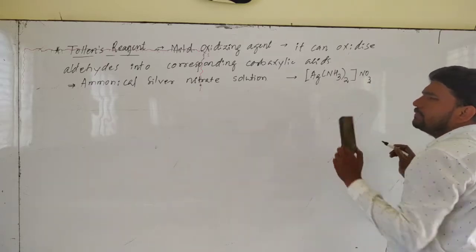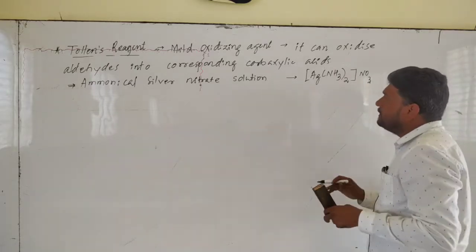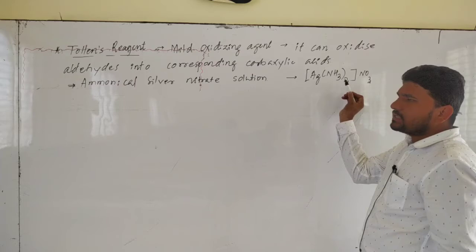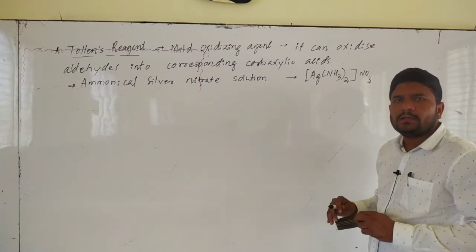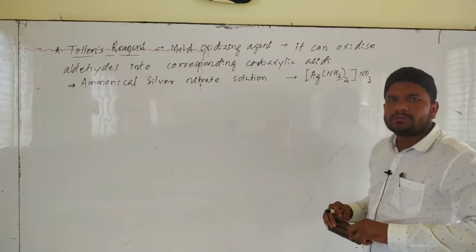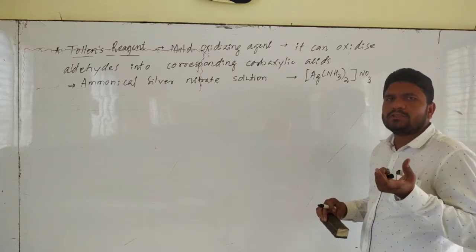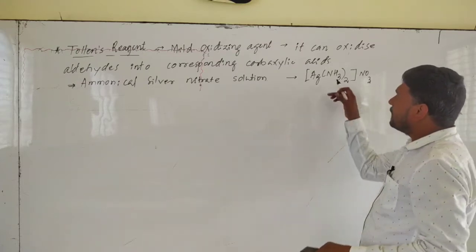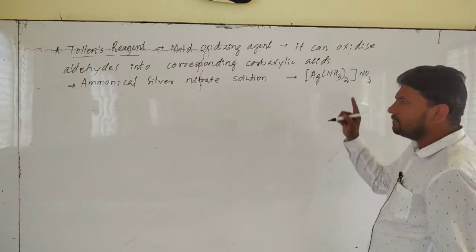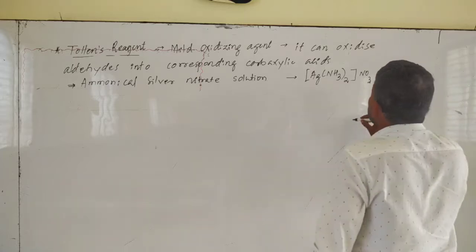Over here, no need to discuss all those things, because you will come across them in another topic of inorganic chemistry, that is coordination compounds. While discussing coordination compounds, we will have the complete picture of this compound. This is actually a complex, means coordination compound.